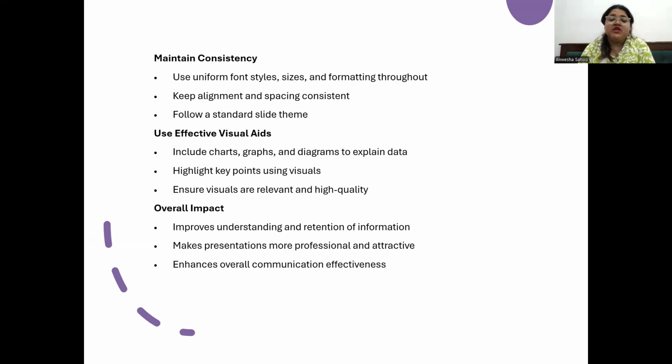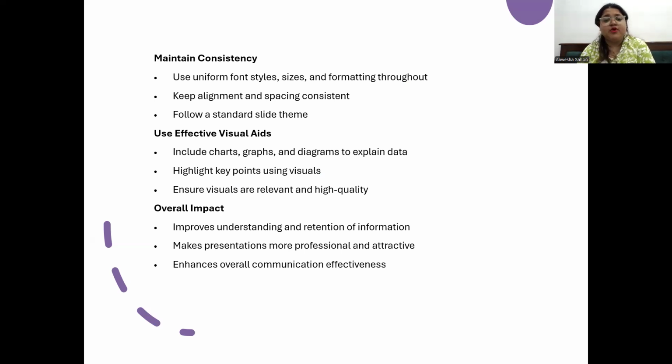For example, use different charts, different graphs, diagrams to explain your data. Don't just bombard your slides with lots of data. Bifurcate the data, separate the data, and make the data into forms of charts, graphs, and diagrams.